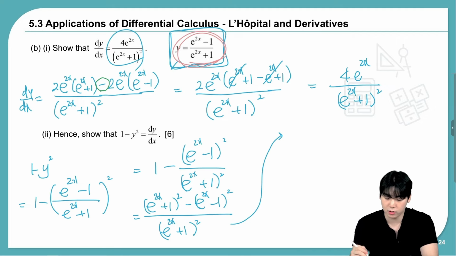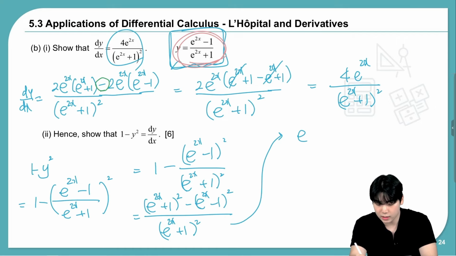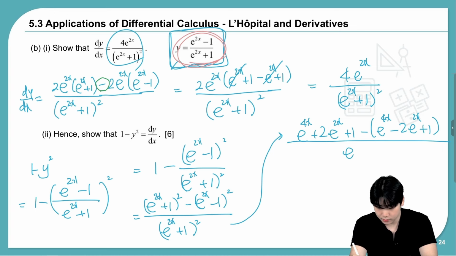To continue it here, I can just expand: e^4x plus 2e^2x plus 1 minus e^4x minus 2e^2x plus 1, all over (e^2x plus 1) all squared.